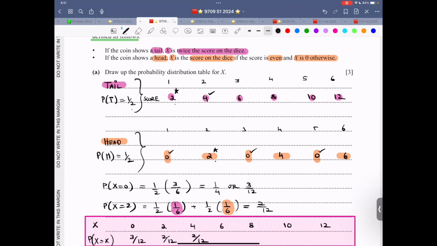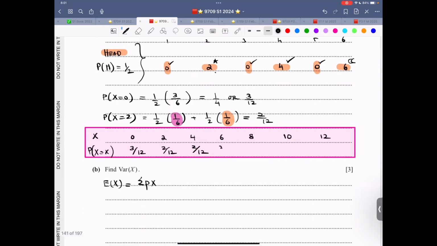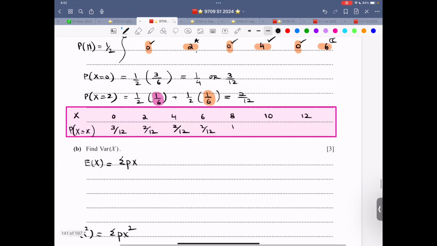What about 6? 6 is 1 option, 6 is the other option. That is also 2 over 12. Got this? And now for 8, 10, and 12, each is 1 option, half into 1 over 6, that is 1 over 12 each.